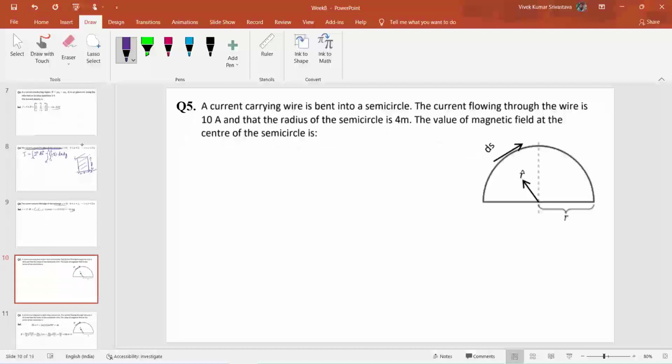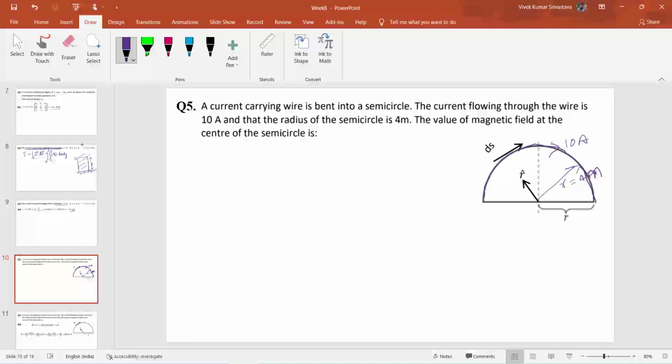So the next question is, a current carrying wire is bent into a semicircle. If suppose this is a semicircle, this is a current carrying wire. The current flowing through the wire is 10 ampere, so current is also mentioned here as 10 ampere, and the radius of the semicircle, which is r here, let us say it is equals to 4 meter.